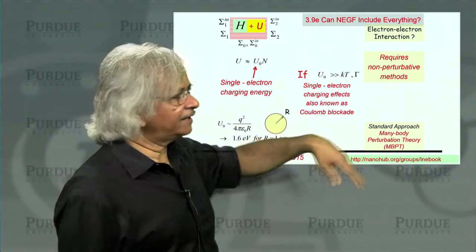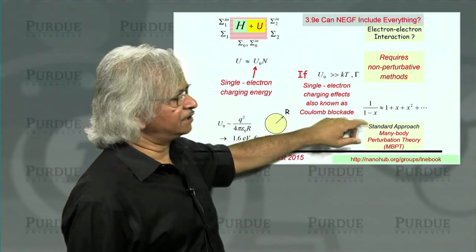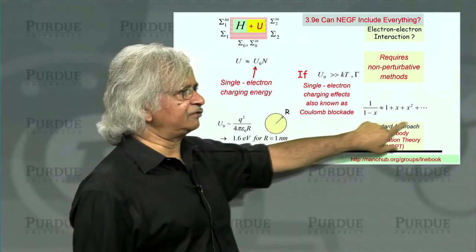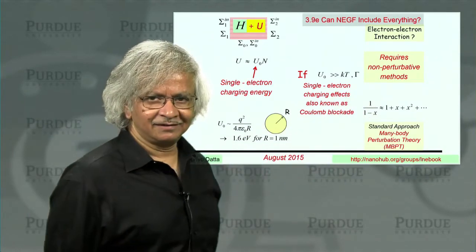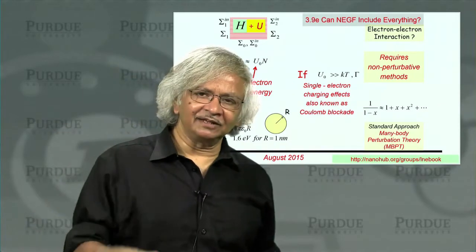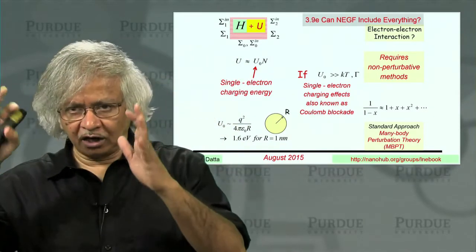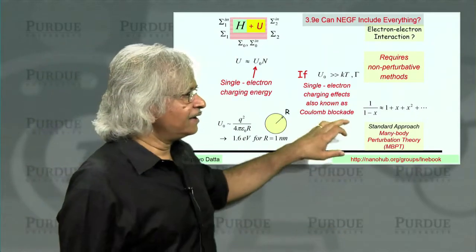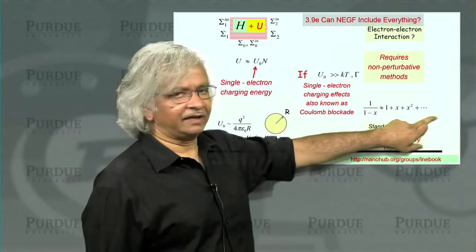Now, what do I mean by that? Well, roughly speaking, you could view perturbation theory as an expansion of this kind, where you need the inverse of 1 minus x. You need the inverse of something like E minus H minus U_S or U_R, this random potential. You need the inverse, and what you do is make an expansion like this.